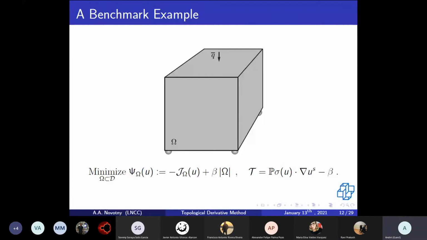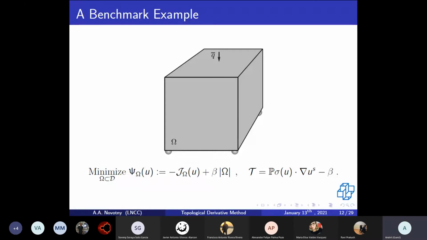And then here we have the structure that we want to find the optimal topology according to this measure. So we have a cube simply supported on the bottom with a load on the top. So the idea here, we solve this problem using, for example, the finite element method.